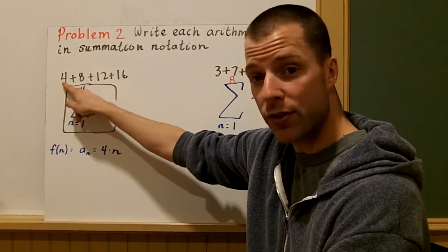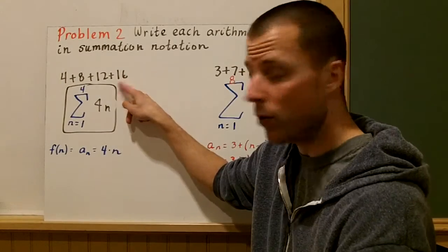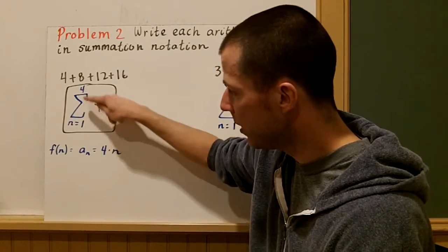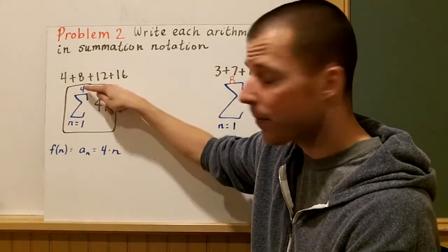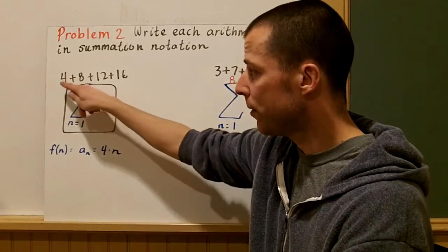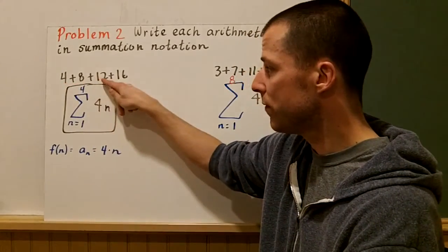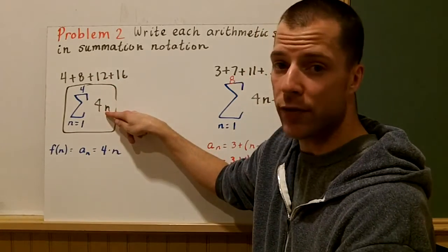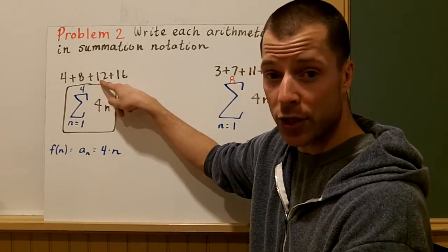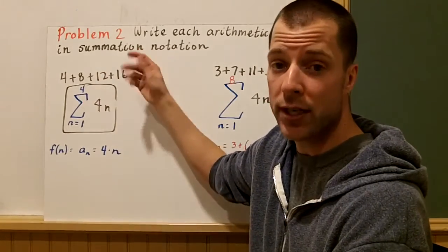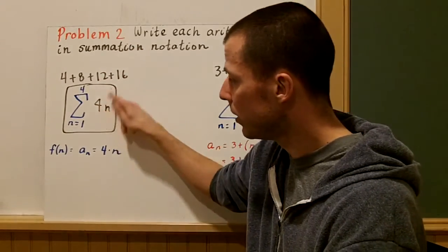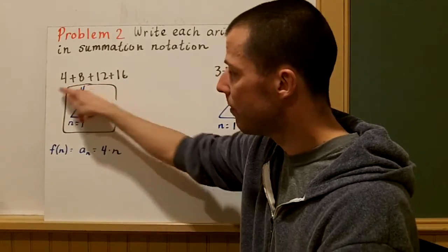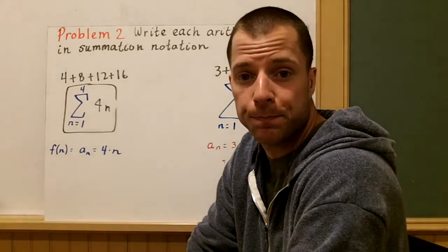We start at the first term and end after term 4. So we go from n equals 1 to n equals 4. Writing the rule is pretty simple: 4 times 1, 4 times 2, 4 times 3, 4 times 4. So it's just 4 times whatever term you want. The third term is 12. 4 times 3 is 12. So there's our rule, and that's our summation notation.